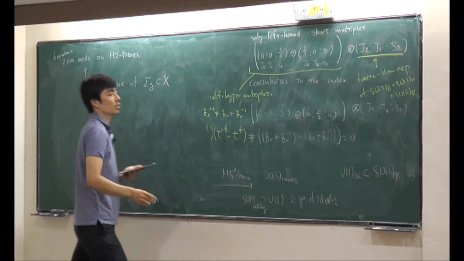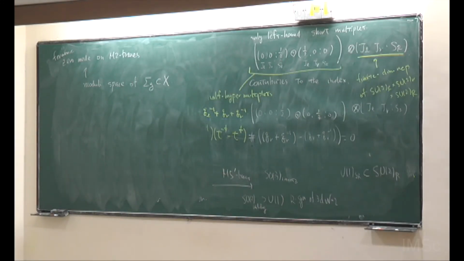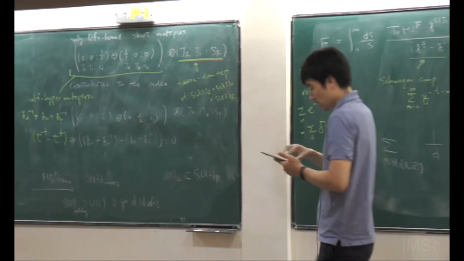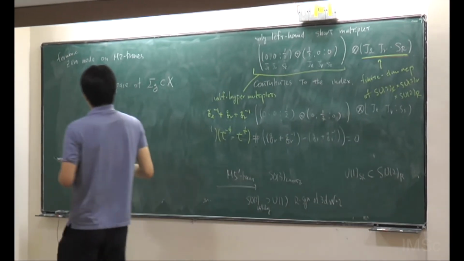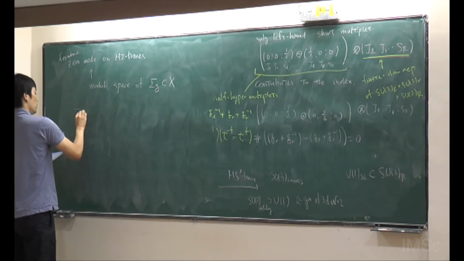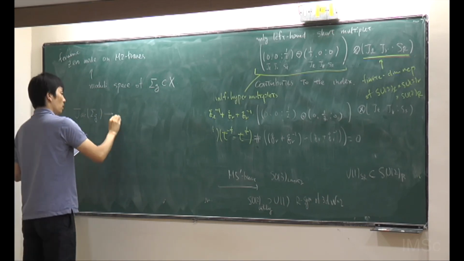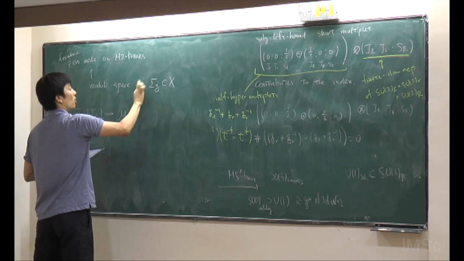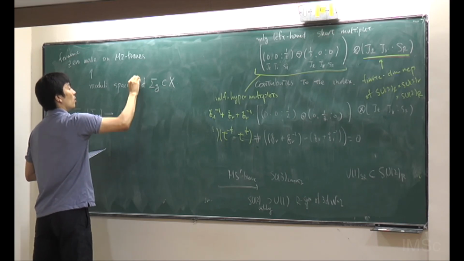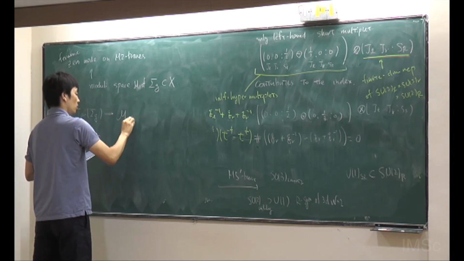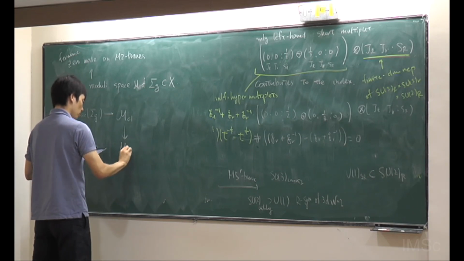This is the M2 brane wrapped on sigma of genus g, and takes the following form. So the moduli space is, I call it, M closed, and M holomorphic deformation.